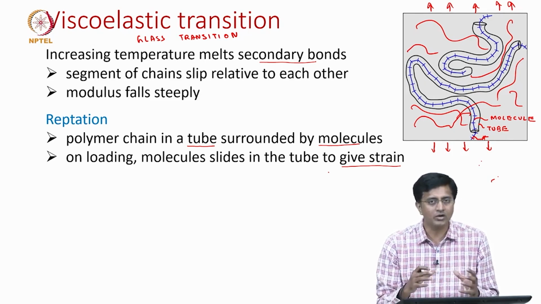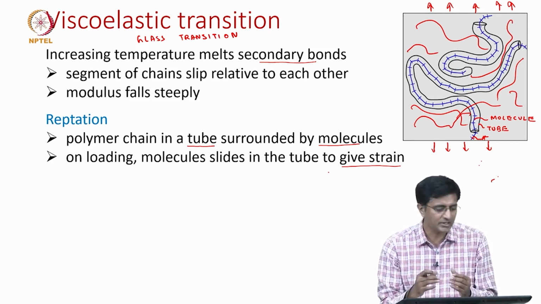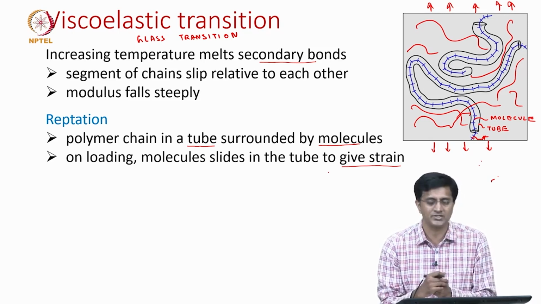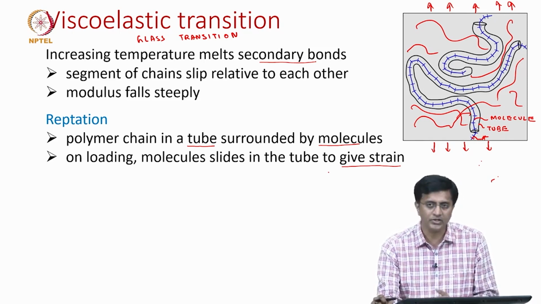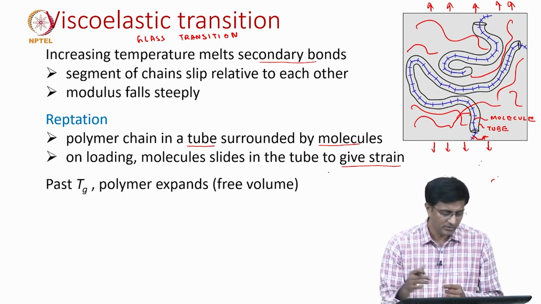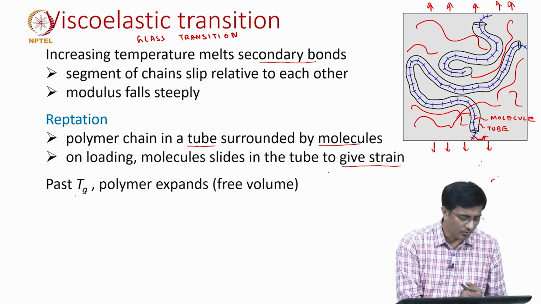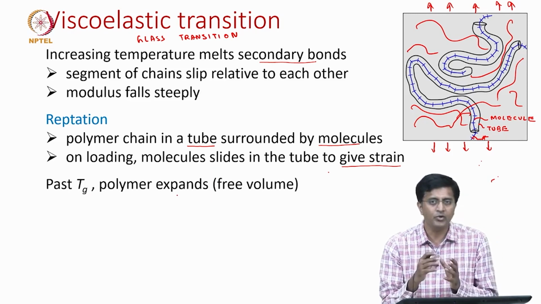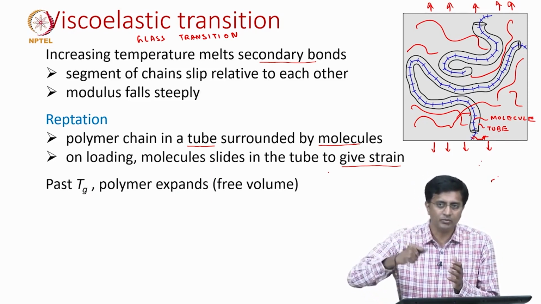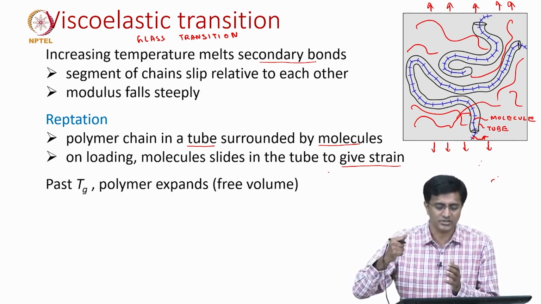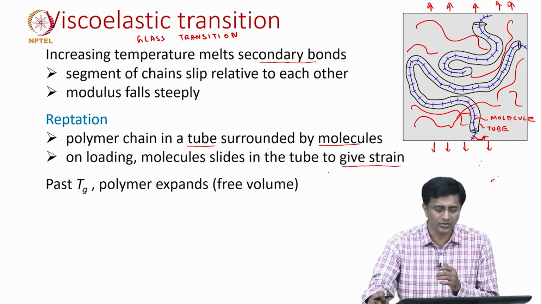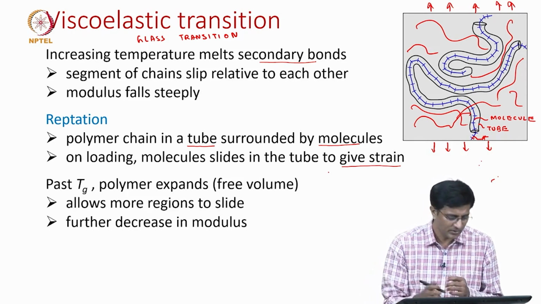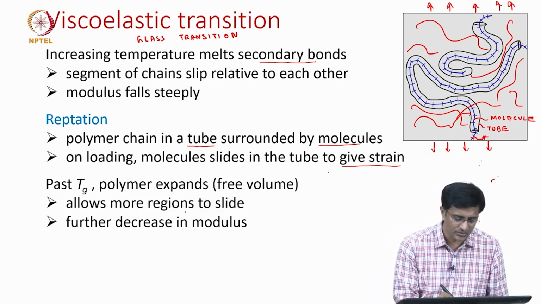But this is not the only reason why the modulus decreases in this glass transition. The majority of this strain comes from the fact that when we go above the glass transition temperature, the free volume increases. What is free volume? This is the additional volume because of the jiggling of these carbon chains or the molecular chains. Now that we have this free volume, it allows the regions to slide.